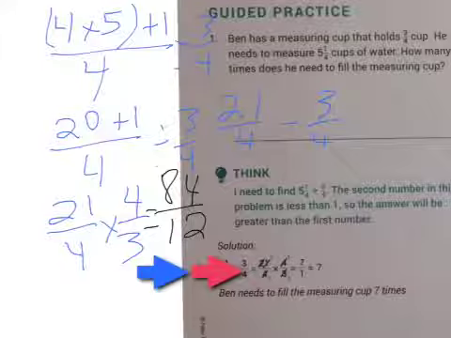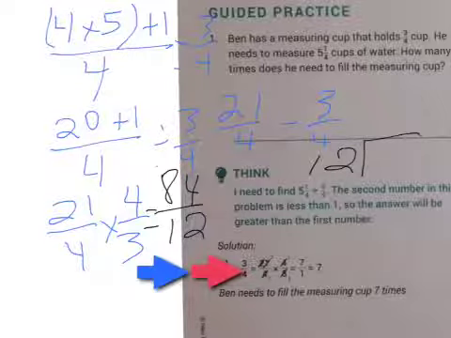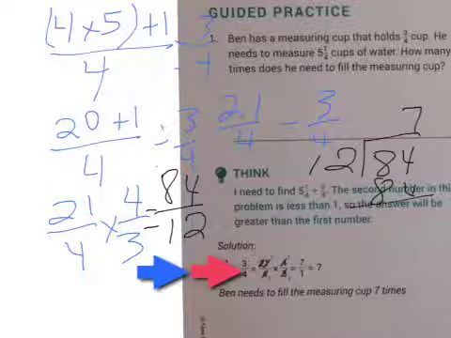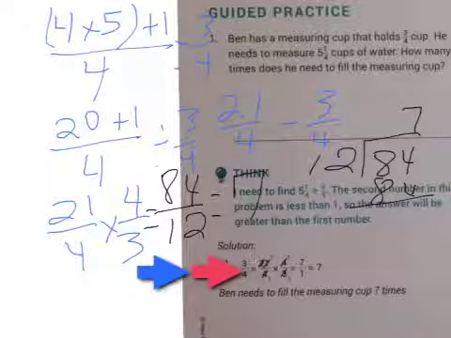But the lucky thing about that is that 12 will divide into 84 7 times. So 7 times 12 is 84. So our answer is going to be 7, which is the same as the answer here.